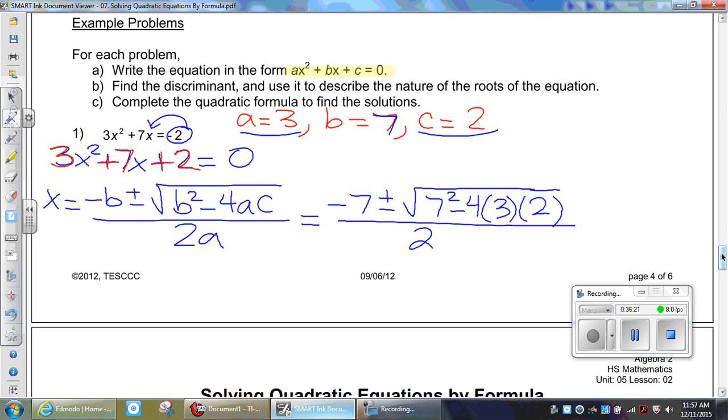Everything divided by 2 times A, and A is equal to 3. From here, I'm going to simplify a little bit, so it will be negative 7 plus minus, inside the square root, 7 squared is 49. And here, negative 4 times 3 is negative 12, times 2, negative 24. Everything divided by 6.